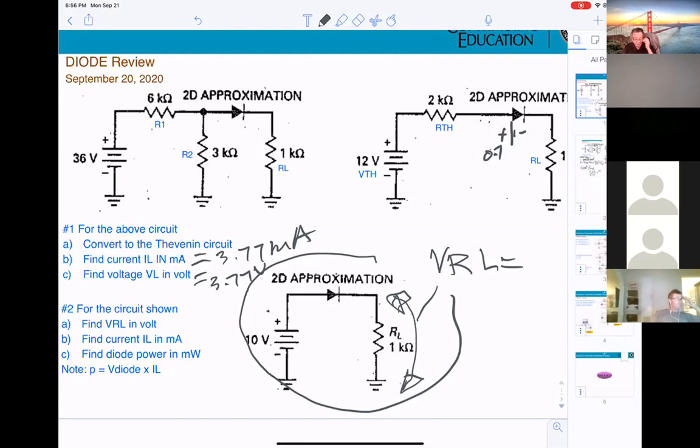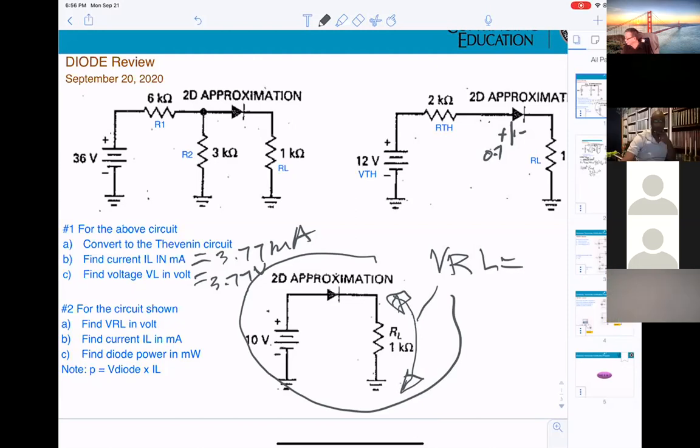Tell me, who got it? 9.3. Correct. You take 10 minus 0.7, perfect, silicon. By current IL, 9.3 divided by 1K, so 9.3 milliamp.